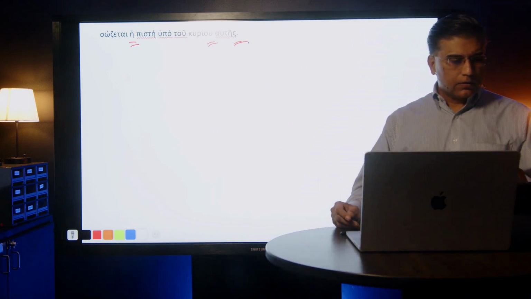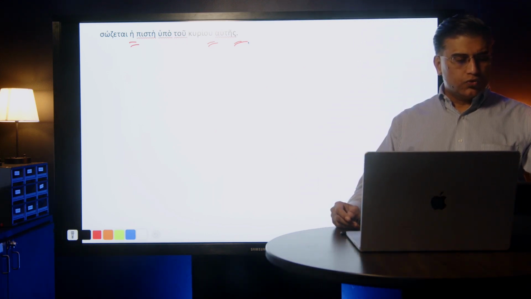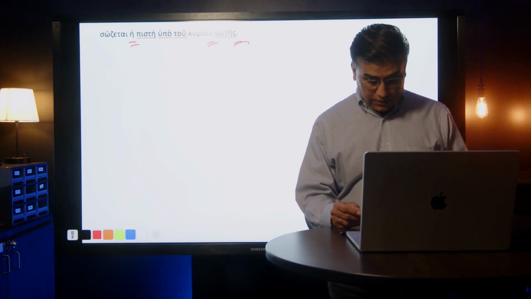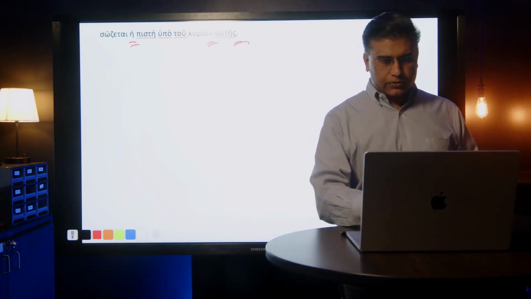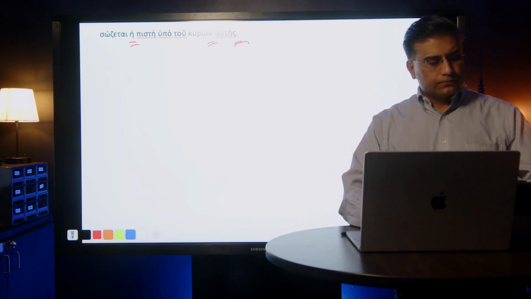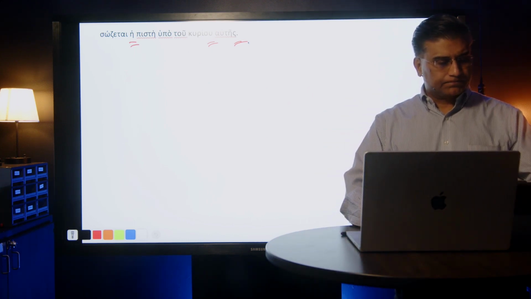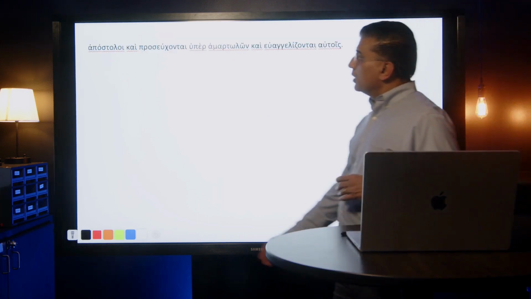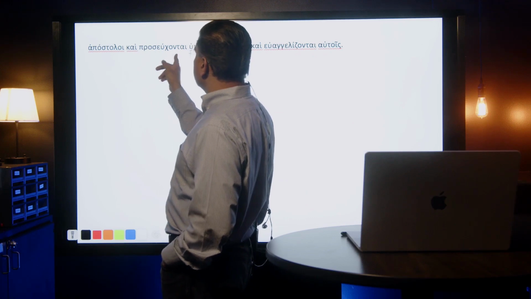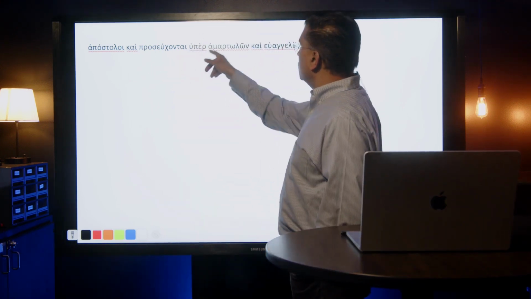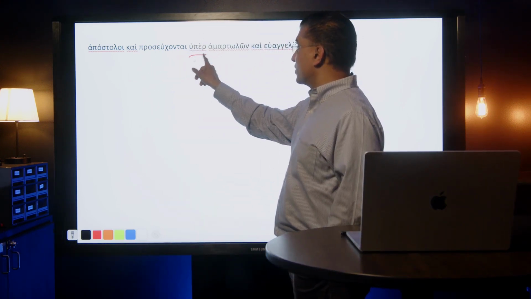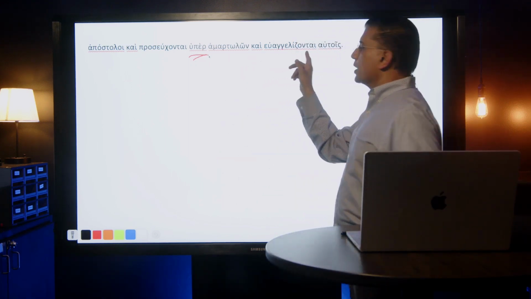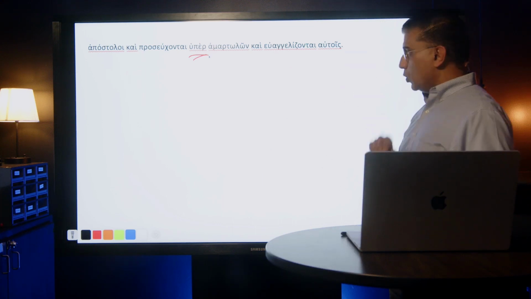Okay, moving along to, let's do number 20. That's a long one. And let's do number 20. So what do we have here? Hoi apostoloi kai proseuchontai huper. Remember, this is huper, not hupo. Huper hamartolon kai euangelizontai autois.